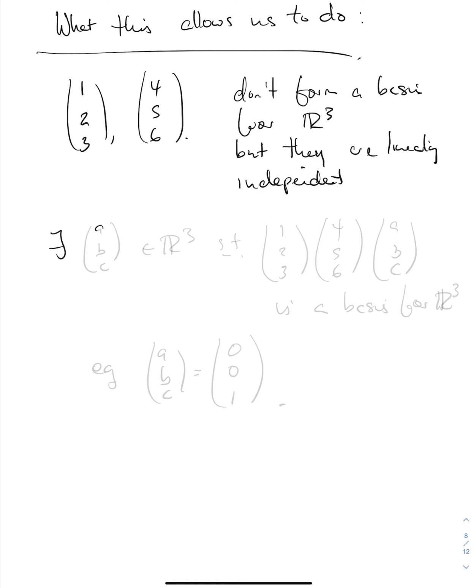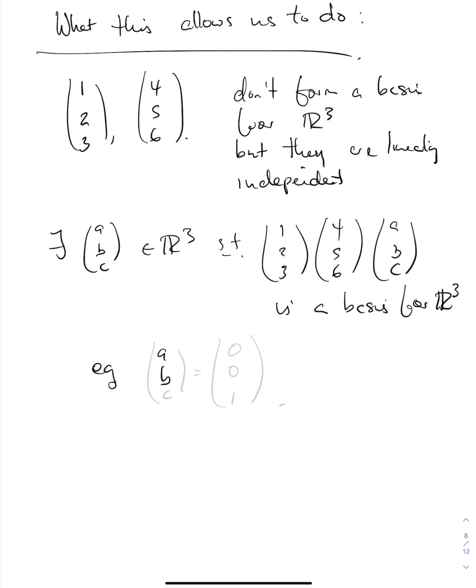This means that there exists an a, b, c, some other vector in R3, such that 1, 2, 3, 4, 5, 6, a, b, c is a basis for R3. We can expand our original list to a basis. For example, a, b, c could be 0, 0, 1. That'll work.